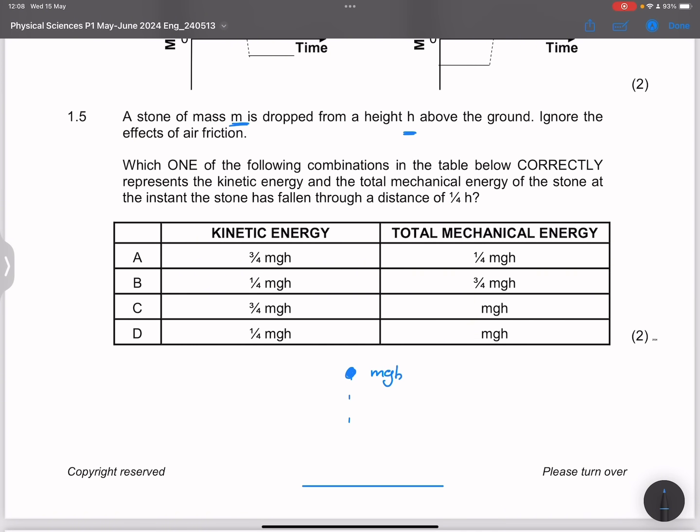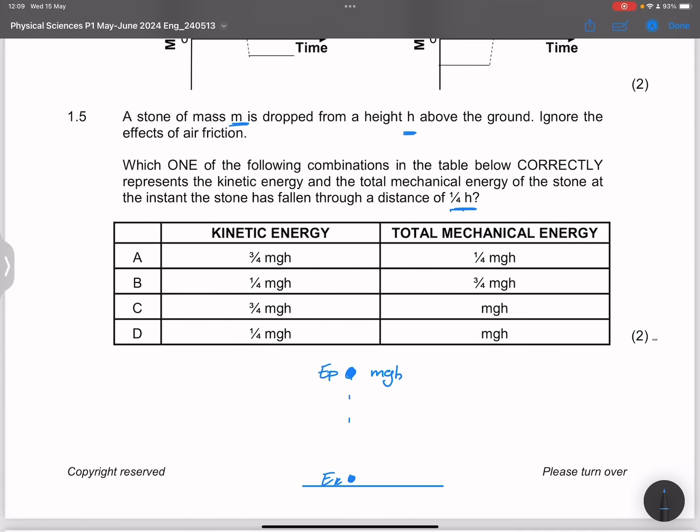At the moment when I reach the ground, the kinetic energy would be equal to the potential energy. Now, what are they asking us? We want to know when it has fallen a distance of 1/4 h.